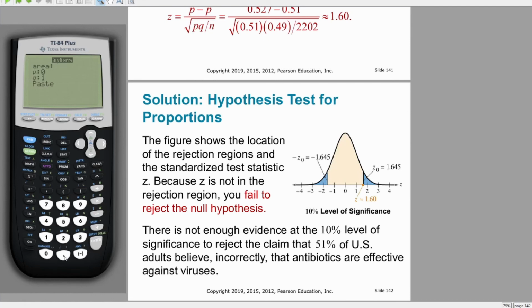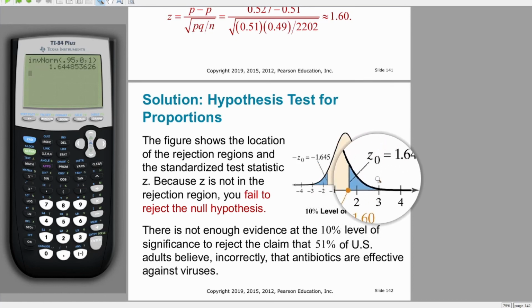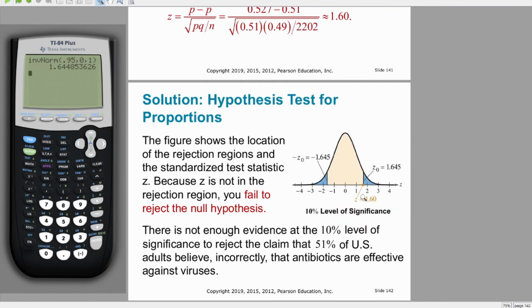So we put in an area of 0.95 to get the upper tail, and that gives us this upper critical value, where the lower one comes from symmetry. In either case, it's very close. We still have that our test statistic is in between them. So we would fail to reject the null hypothesis, and therefore we say there's not enough evidence to reject our claim, or we may also say that we have some evidence supporting the claim, but it's a little bit murkier.